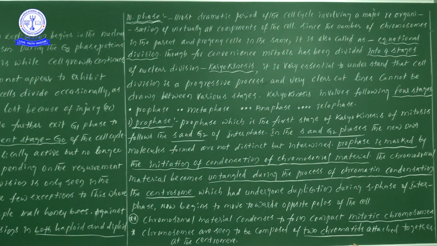So try to remember that information. The centrosome which had undergone duplication during S phase of interphase now begins to move towards the opposite poles of the cell. Once the duplication is completed, the centrosome definitely moves towards the opposite poles of the cell.